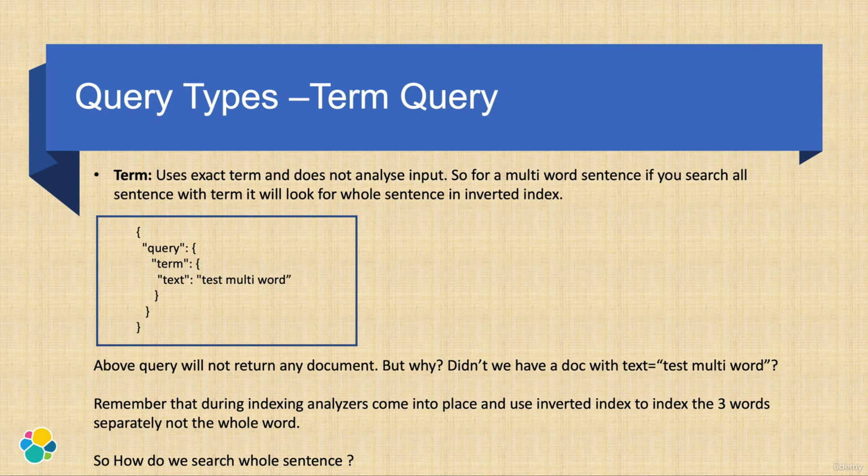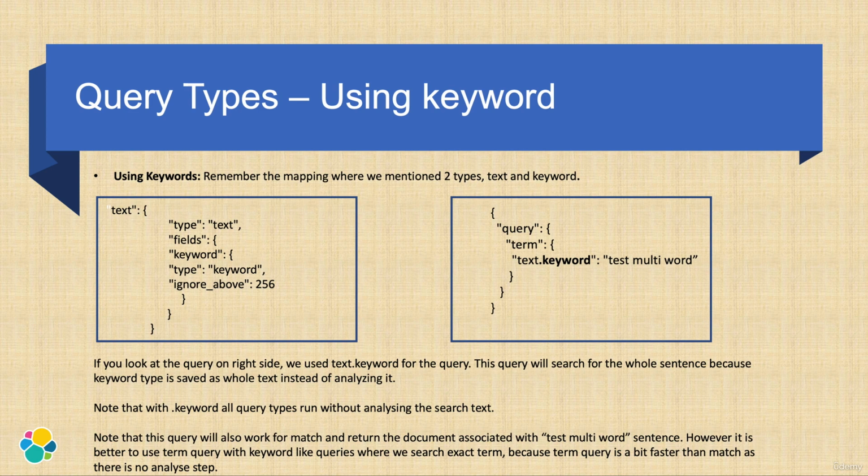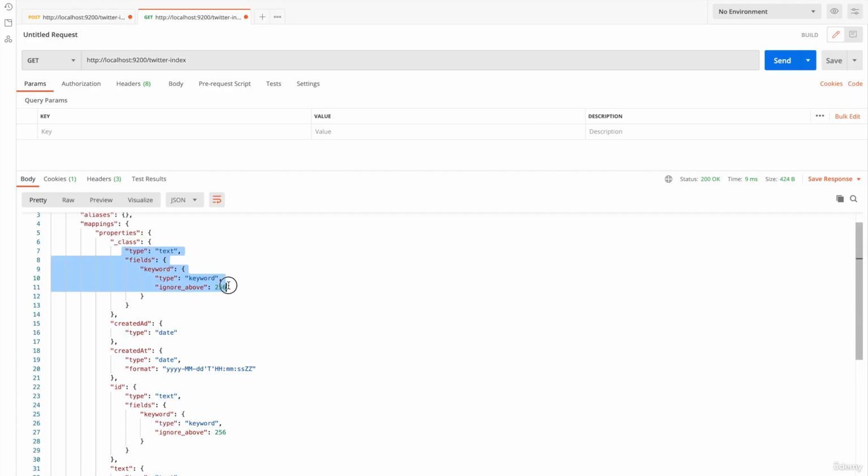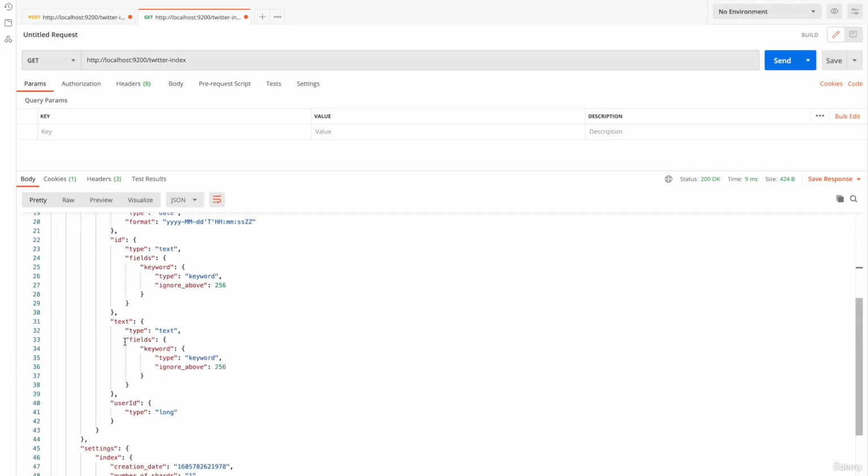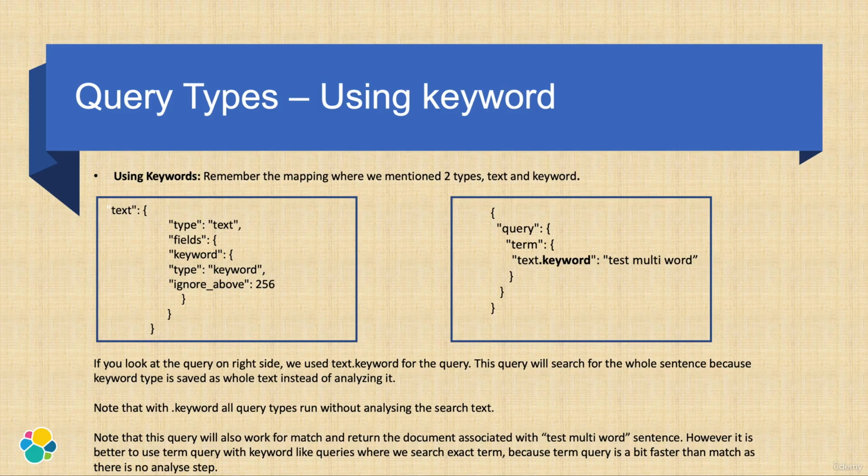We will do that using keyword. Remember the mapping we have mentioned. We had 2 types, text and keyword. If you look at the query on the right side, we use text.keyword for the query. This query will search for the whole sentence because the keyword type is saved as whole text instead of analyzing the separate words inside it.